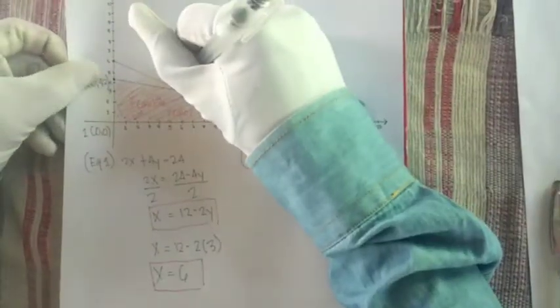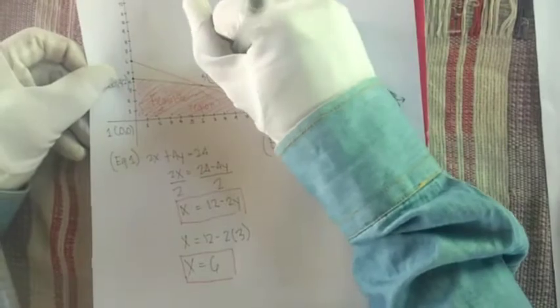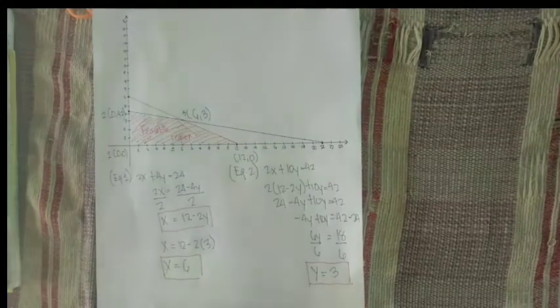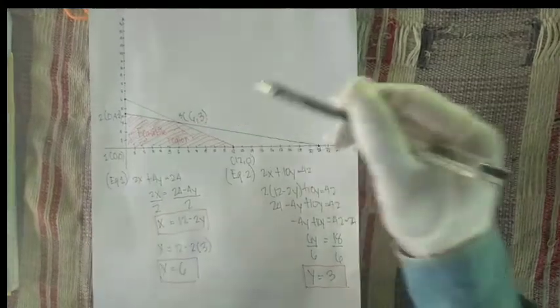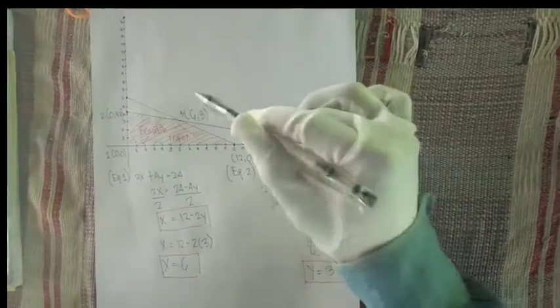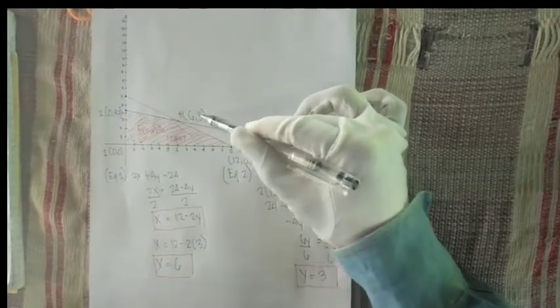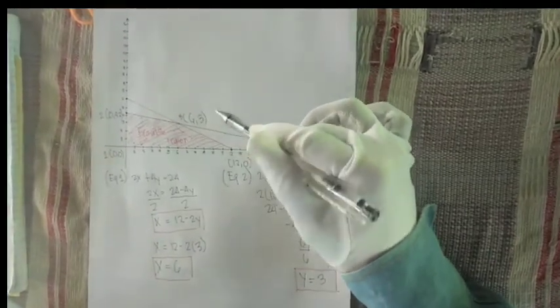So we can plot this one in this area. So point 3 equals 6 and 3. And finally we get the value of point 3. The intersection of point 3 is x equals 6 and y equals 3.